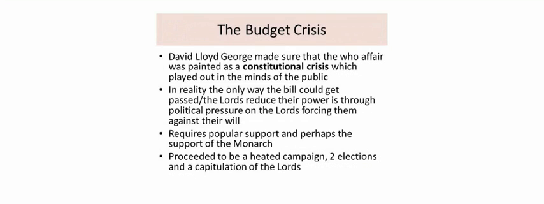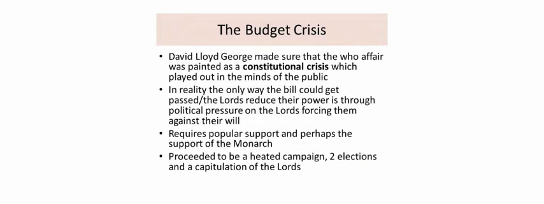For there to be constitutional change to the powers of the House of Lords, the House of Lords have to vote it through. Without that, you physically can't get anything done. The Lords will not do that on their own back. So the only way to do that is to put political pressure onto the Lords, force them against their will to pass the budget, which they actually do in 1910, but by that point the budget doesn't matter, it's about the constitutional powers.